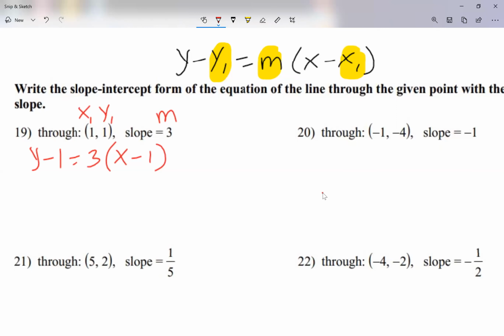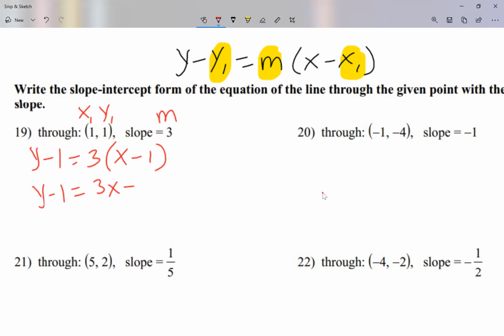Okay. Now, the first thing I'm going to do is get rid of parentheses. So y minus 1. On the left, I'm not going to do anything. On the right, let me distribute the 3. So it's going to give me 3x minus 3. Right, I distributed 3. So 3 times x and 3 times negative 1. So 3x minus 3.